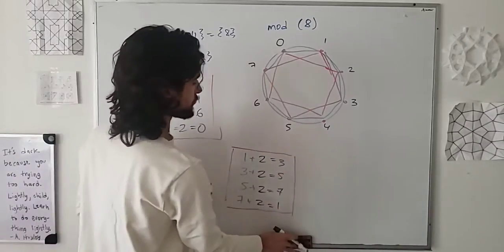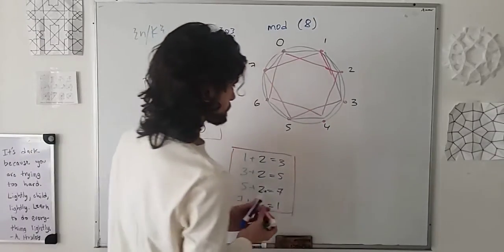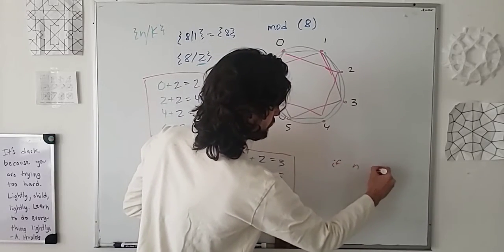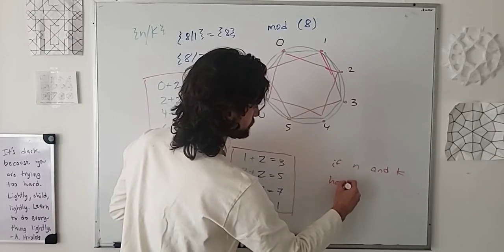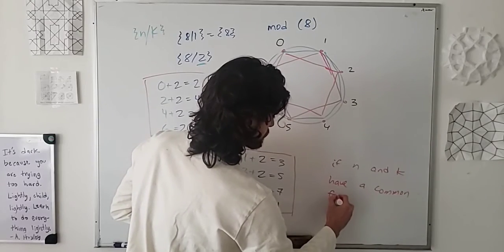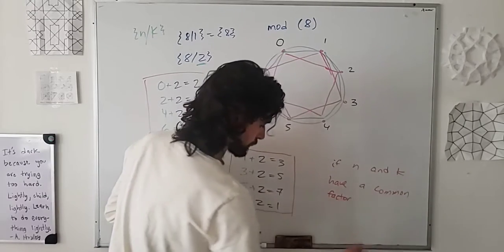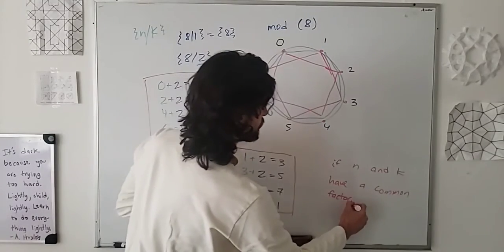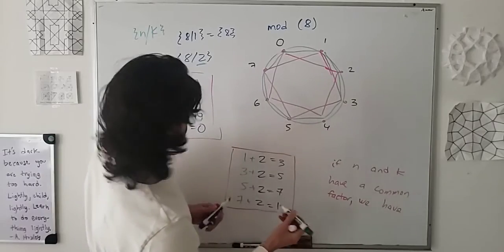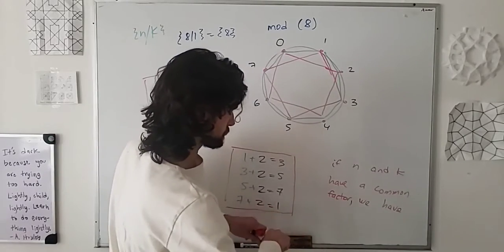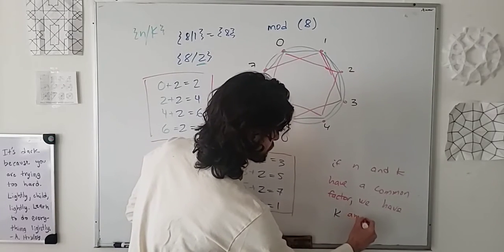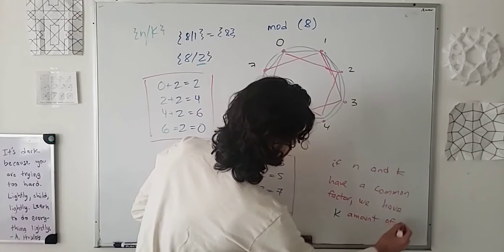So I'm going to erase this a little bit. Maybe I should write it over there, right? So if n and k have a common factor, we will have k amount of, I'm gonna say polygons.